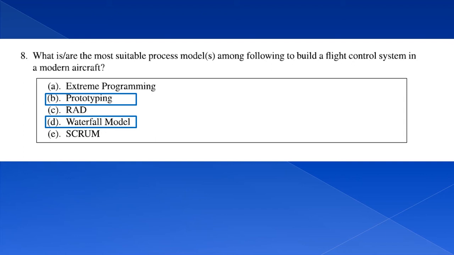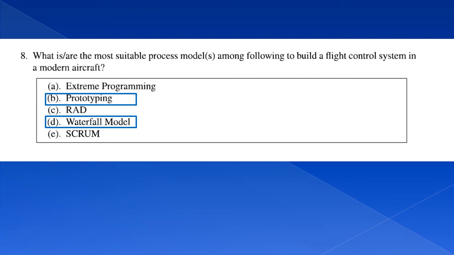You can't have versions, right? A simple mistake can cause a huge impact, right? A flight may crash, a flight may be lost, right? And there's a huge impact. So you can't play with that. So you have to be very clear with the requirements and you have to completely do the system.